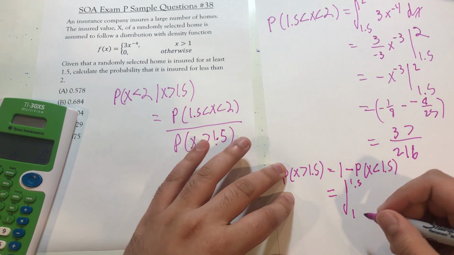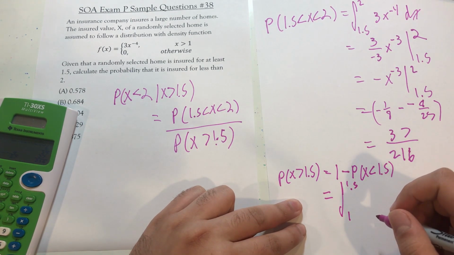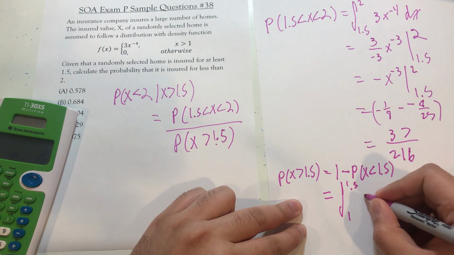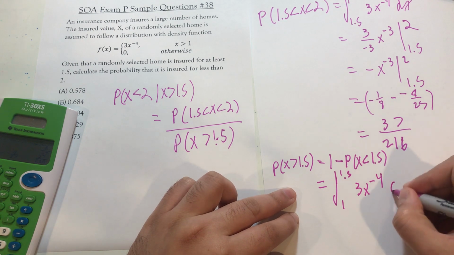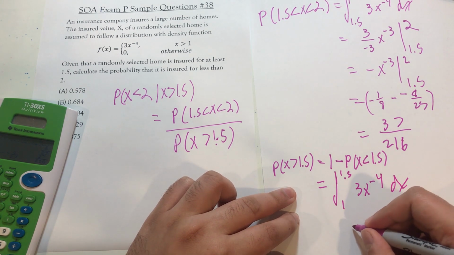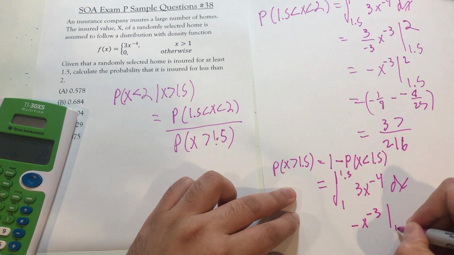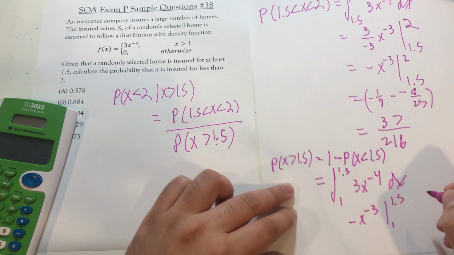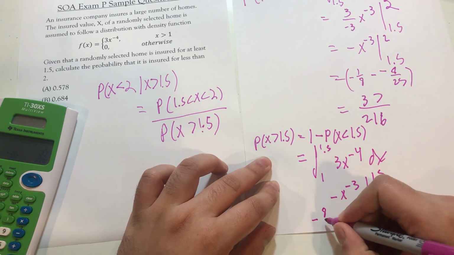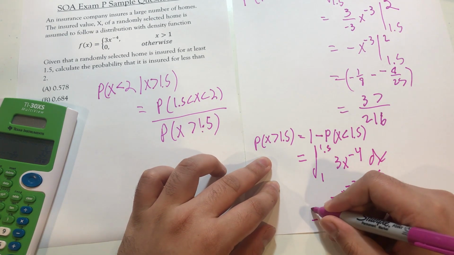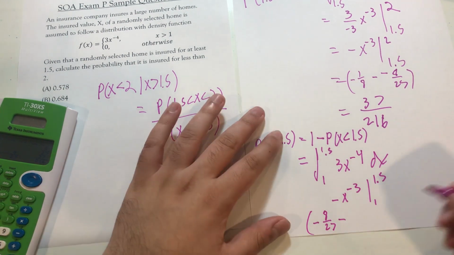So those are my new bounds. The function is 3x to the negative fourth dx. I'm eventually going to end up with negative x to the negative third, at 1.5. I know 1.5 from the previous step is negative 8 over 27. And I subtract by evaluating at 1, which is just negative 1.